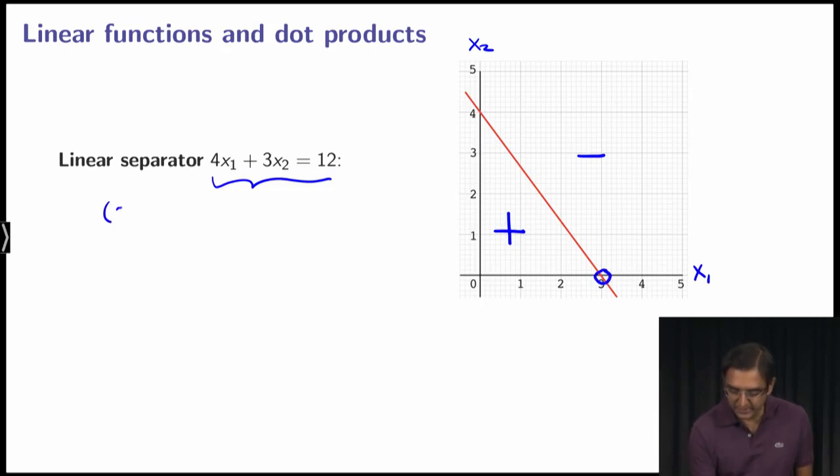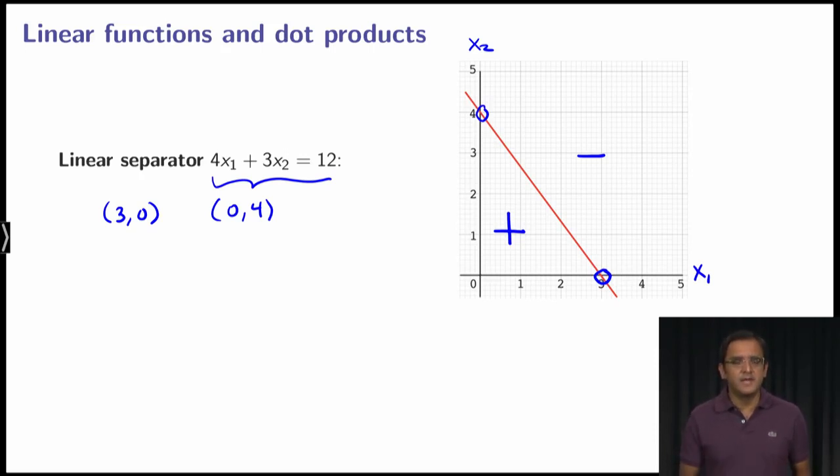So this is the point (3, 0). Does it lie on this line? Well, 4 times x1 plus 3 times x2 equals 12. Yes, it lies on the line. Now let's check this point, (0, 4). Does it satisfy the equation? Yes, it satisfies the equation as well. So this is indeed the line, the red line shown in the figure.